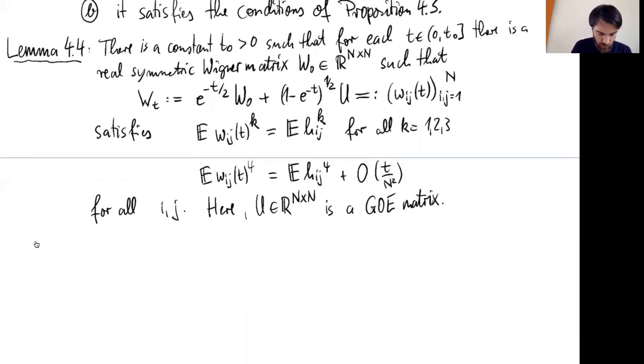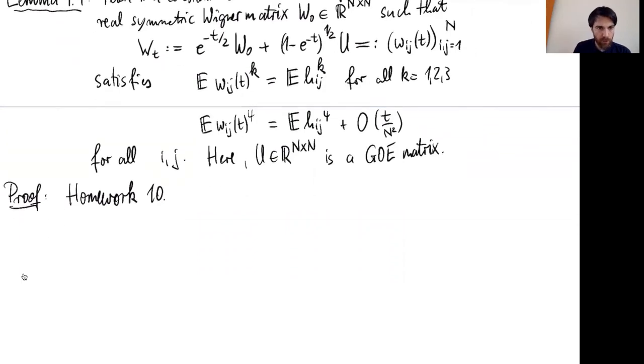This lemma we will actually do as a homework for next week. It's some nice construction on some basic random variables. So that will be on the next homework. And now we can conclude the proof by choosing the t and eta properly. Let's go through this.